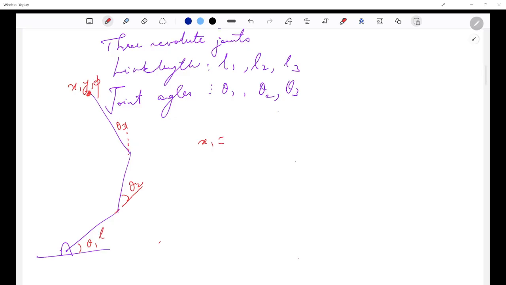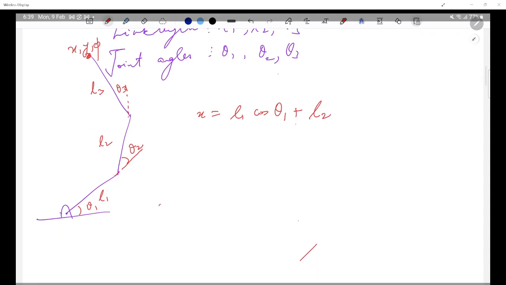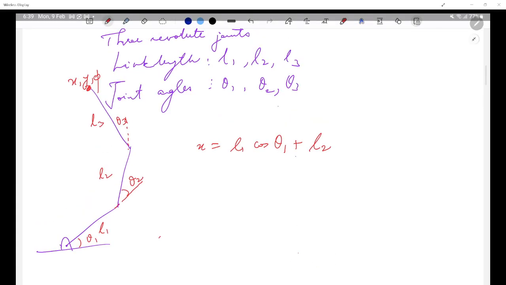If I want to find out x, what would it be? This is L1, this is L2, and this is L3. In this case, we want to find the horizontal component, because we are talking about x. So x would be L1 cos theta 1 plus, what would the term be with L2? Yes, cos of theta 1 and theta 2 together.